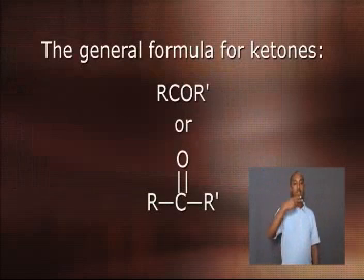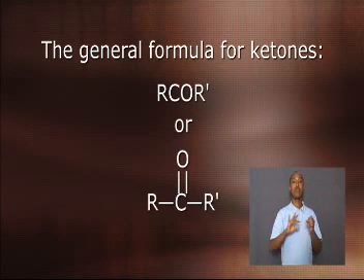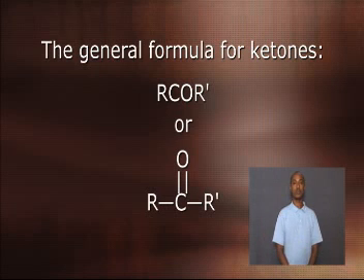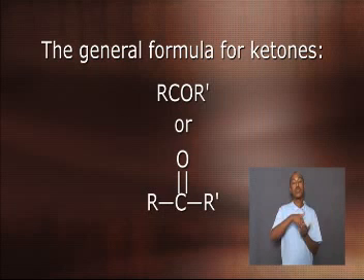The general structural formula of ketones is RCOR prime, where R and R prime can either be the same hydrocarbon group or different. This is also represented in the formula you see here.